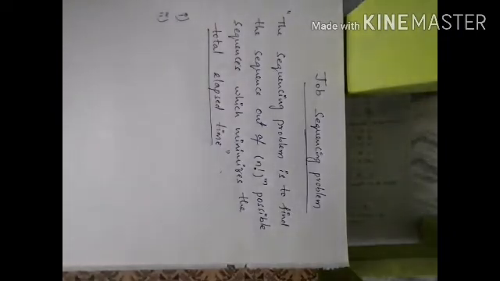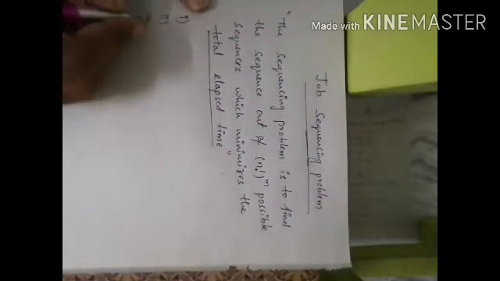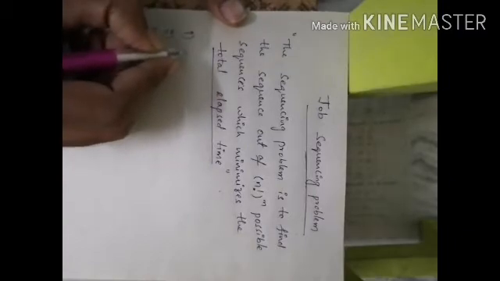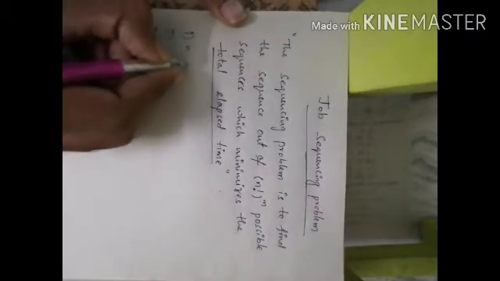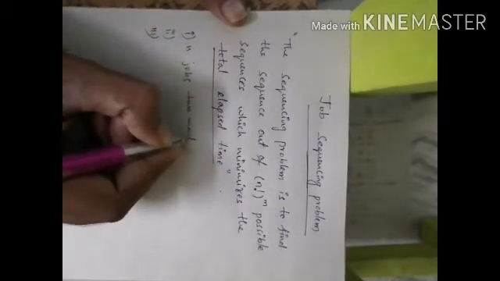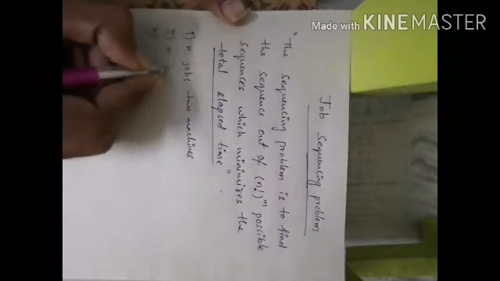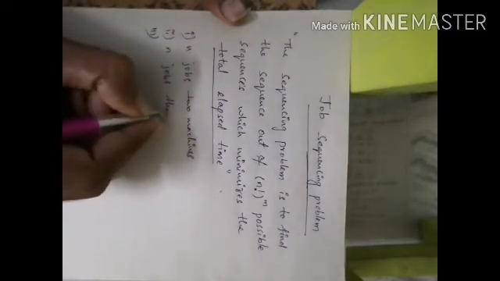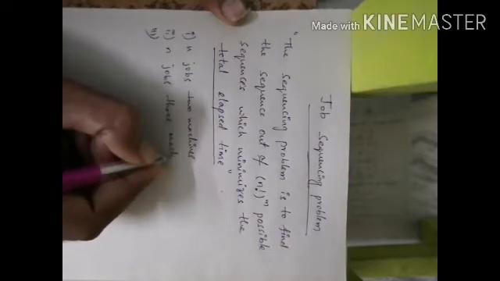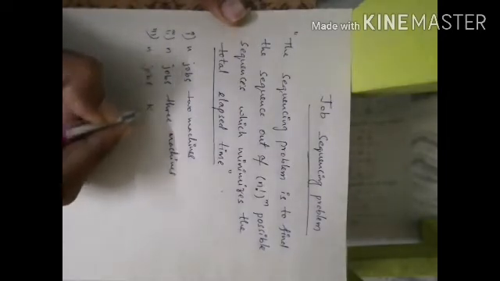In the job sequencing problem, there are three types of problems: n jobs, two machines; n jobs, three machines; and n jobs, k machines.